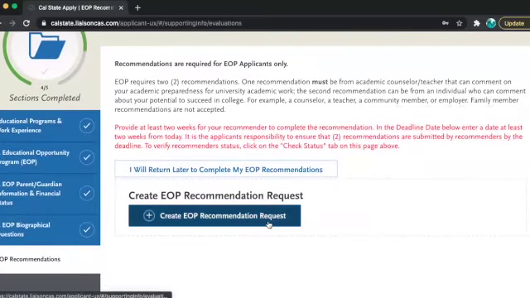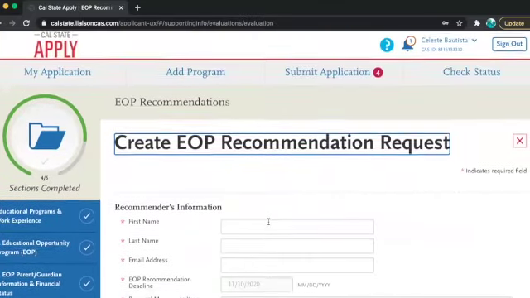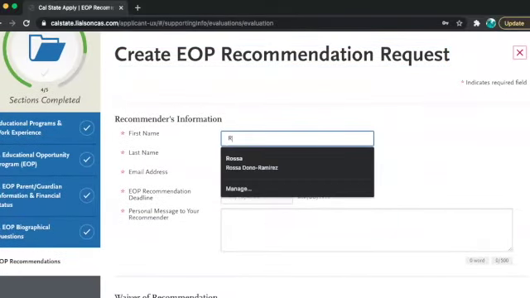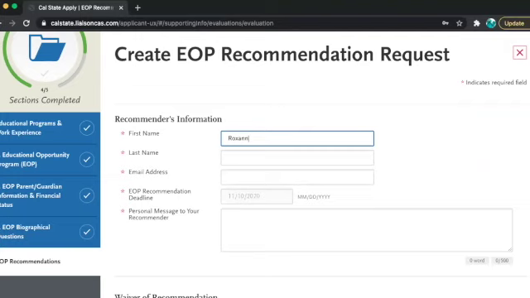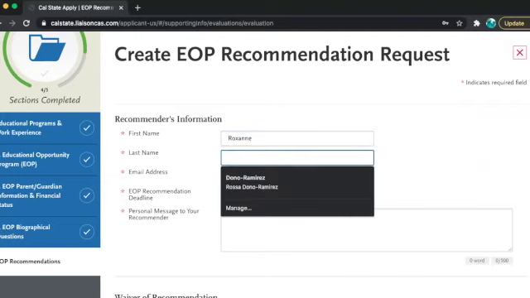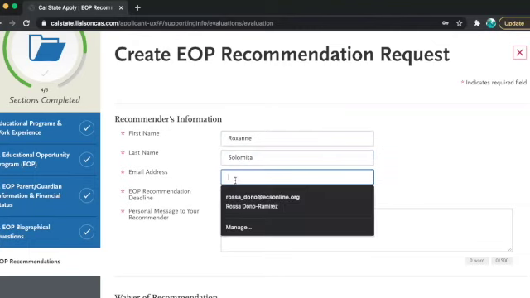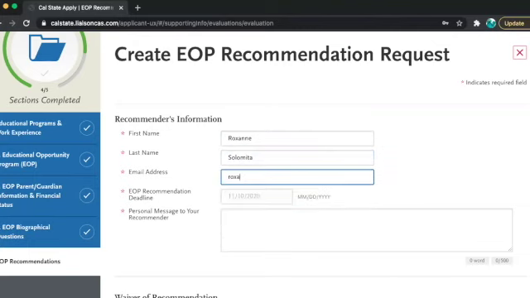So the way that you fill this out is you click on Create EOP Recommendation Request. You're going to write the name of the first teacher, making sure to spell their name correctly. Then you're going to write their email address on here, also making sure to spell that correctly.